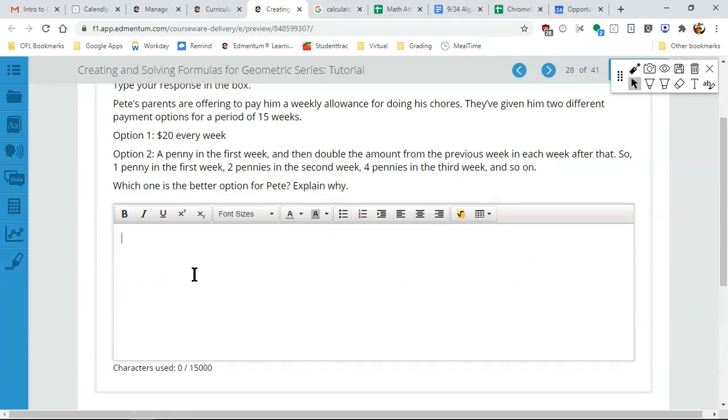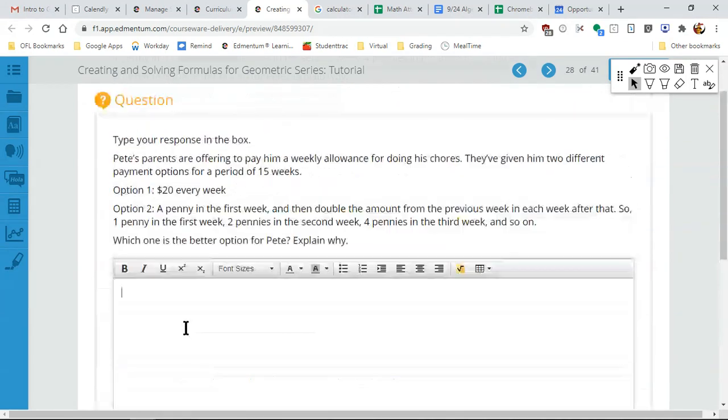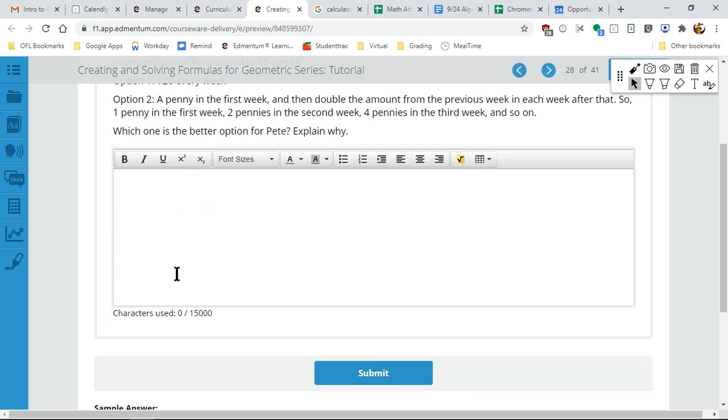Let's find out. So, honestly, I would go for the doubling. It kind of sucks at first, but after a while, that thing keeps doubling over and over. Yeah, and Carter's picking the same thing. Like, let's get option 2 for those pennies. So he would take option 2.